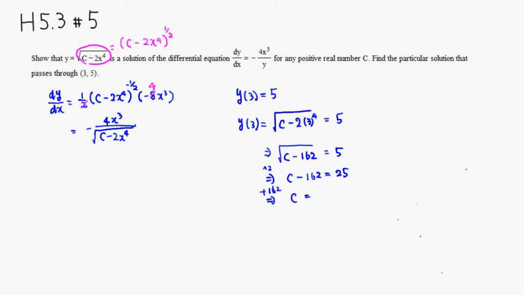So c is going to be 187. Right, so therefore y is equal to square root of 187 minus 2 times x to the fourth power.